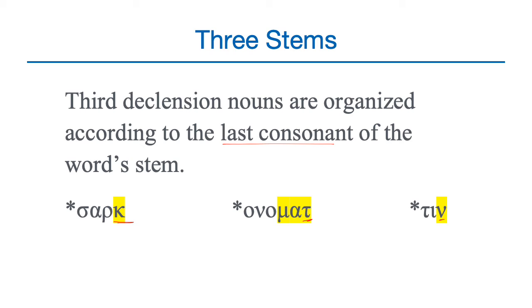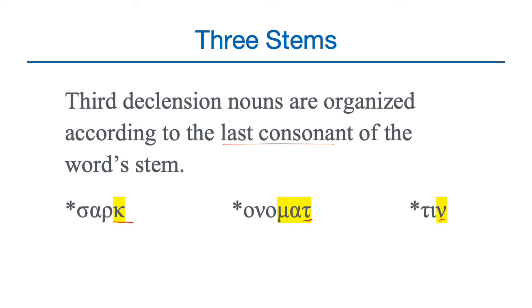You have the stem ending in a kappa, like sak, a consonant ending in tau, like onomat, and third declension nouns ending with a nu. So you have kappa, tau, nu. There will be other letters coming up that you will see. So there are three categories organized according to the consonant that ends the noun in the third declension.